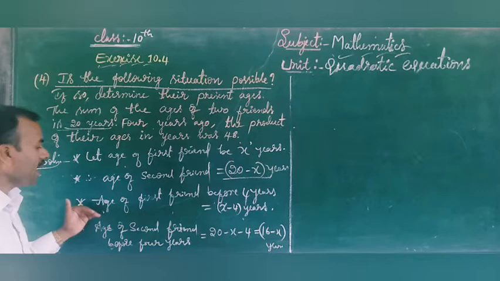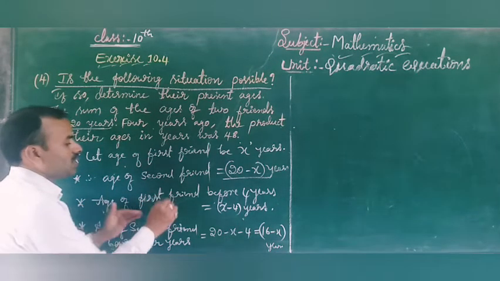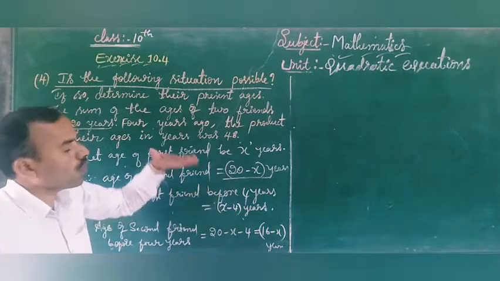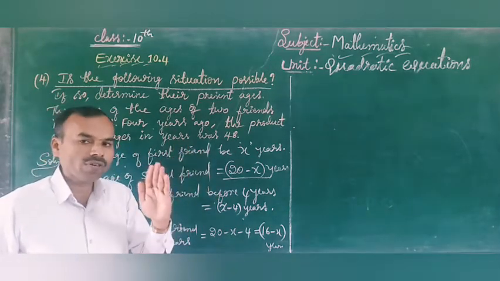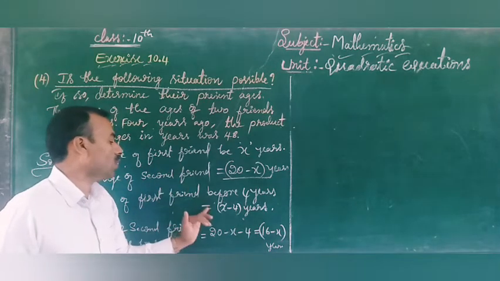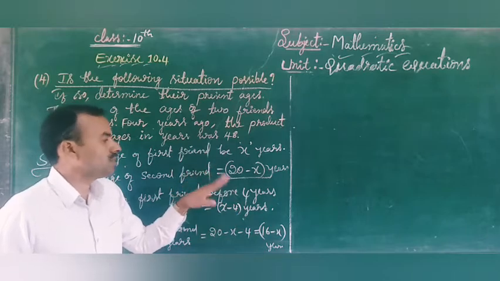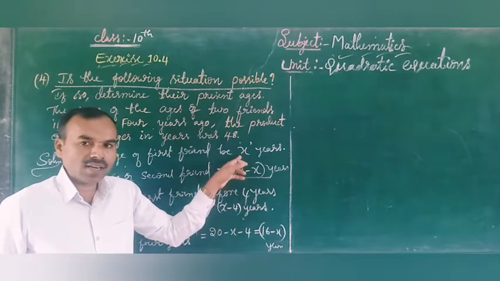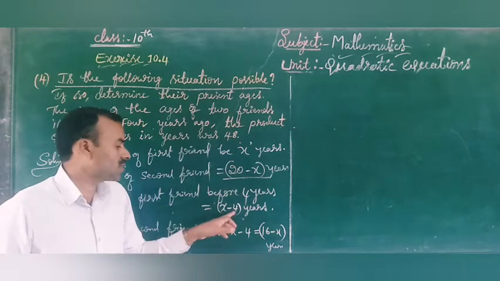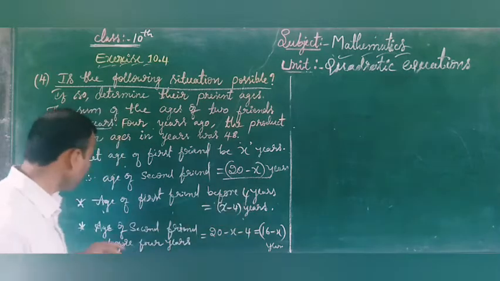Next, the age of the first friend before 4 years. Before 4 years means 4 years ago. If the present age is x, we subtract 4, so it is x minus 4 years.